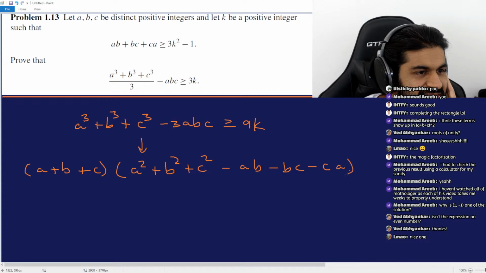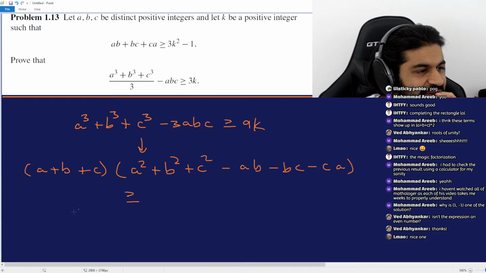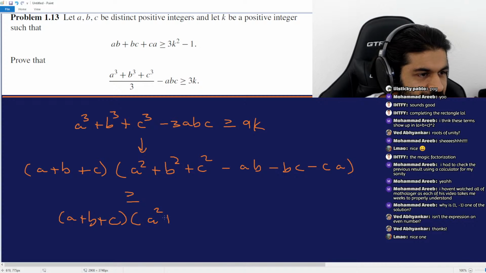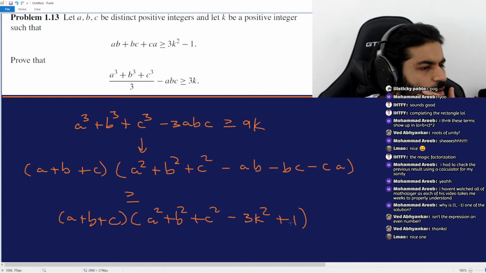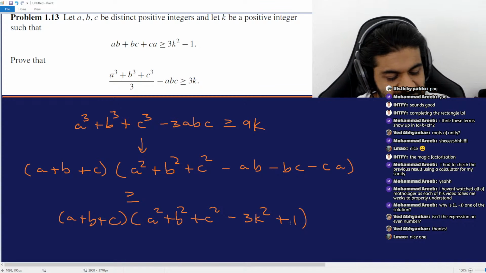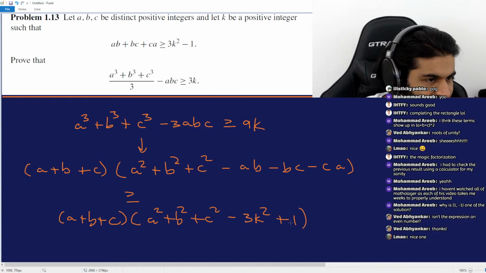So, of course, this is going to be greater than or equal to a plus b plus c times a squared plus b squared plus c squared minus 3k squared plus 1. But why would that show that the original expression is bigger than 9k?